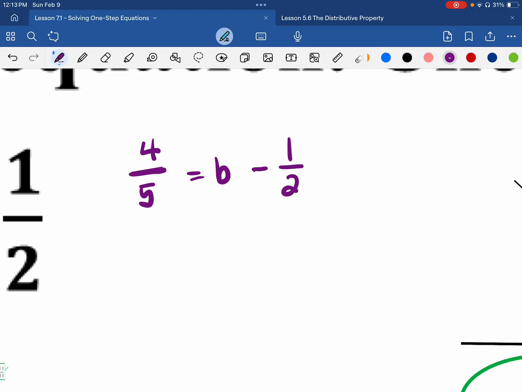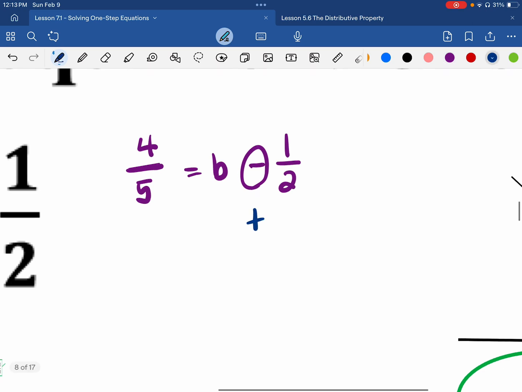The inverse operation for subtraction is addition. So we need to add, we can draw our mirror line. Whatever we do to one side of the scale is reflected on the other side. Whatever you do to one side of the mirror gets reflected back to you on the other. So we need to add 1/2 to both sides.